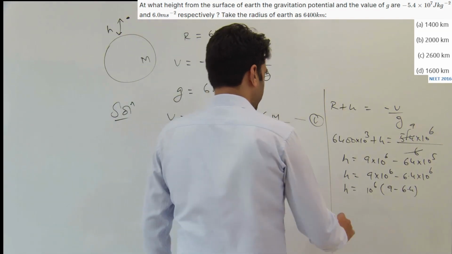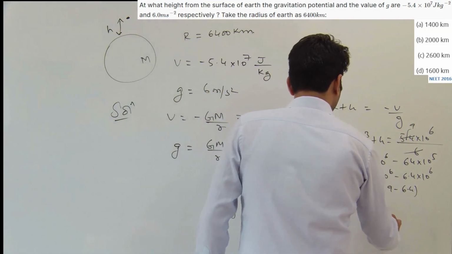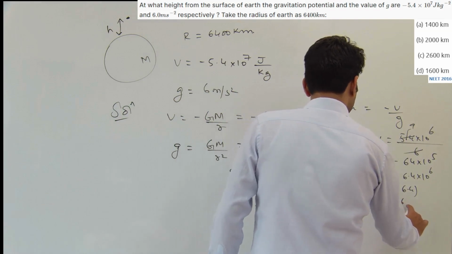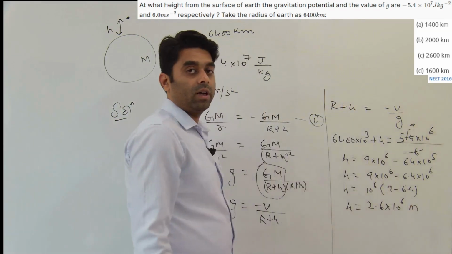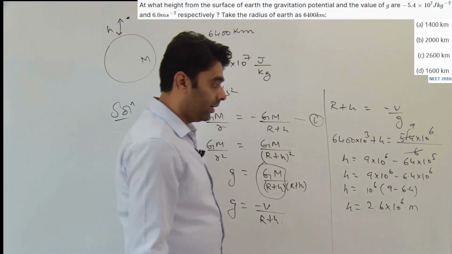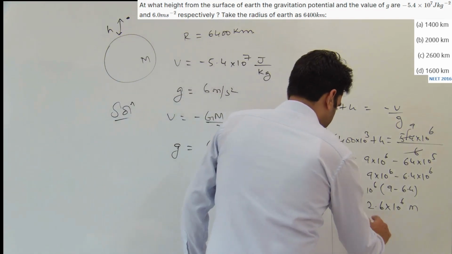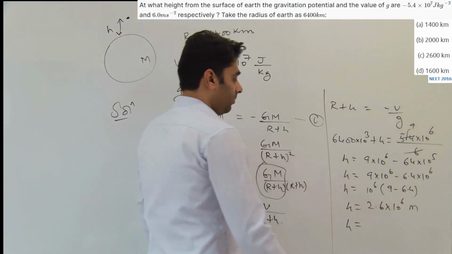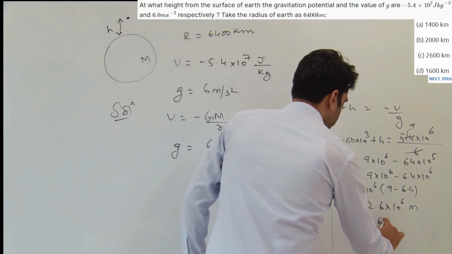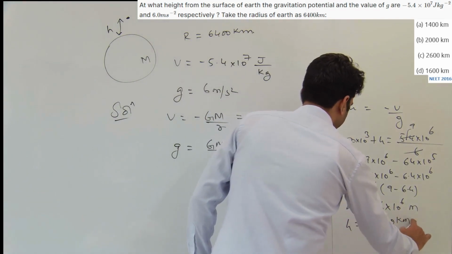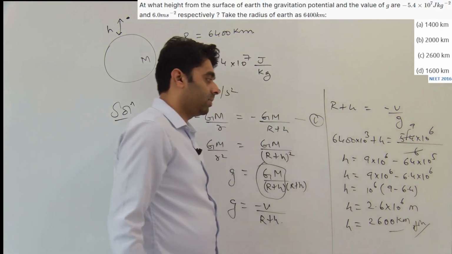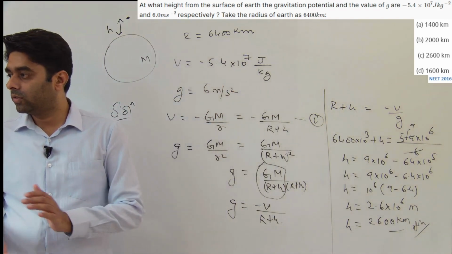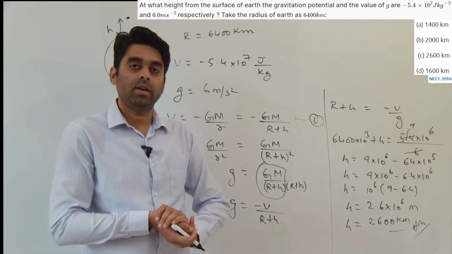So h is 2.6 into 10 power 6 meter. If we convert it into kilometer, divided by 1000, we get our answer as 2600 kilometer. So our answer is option C. Option C is our correct answer, right?